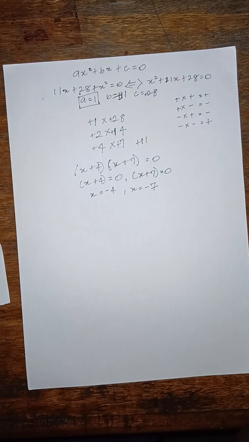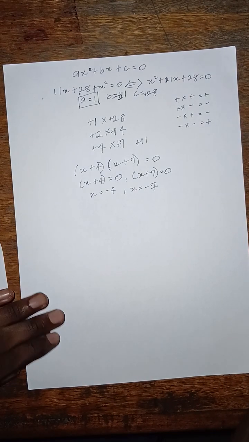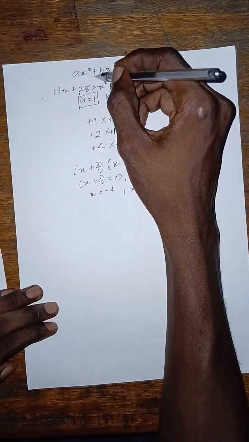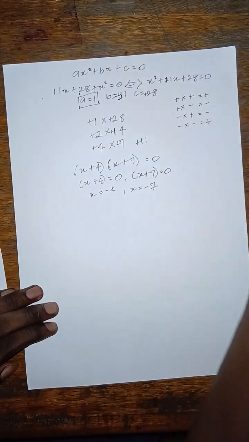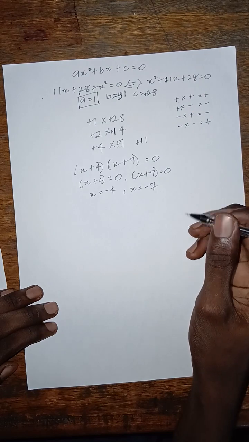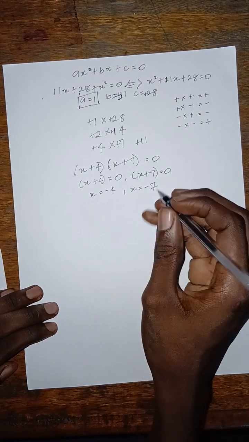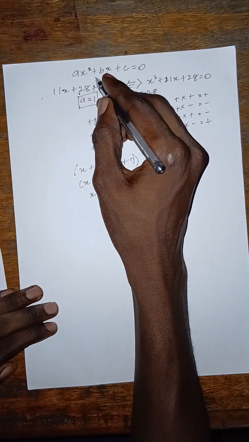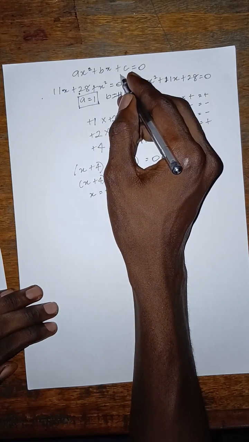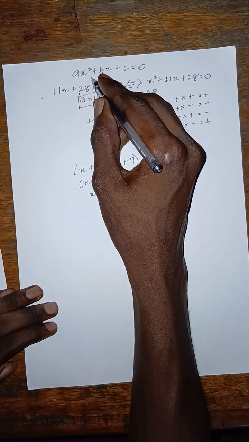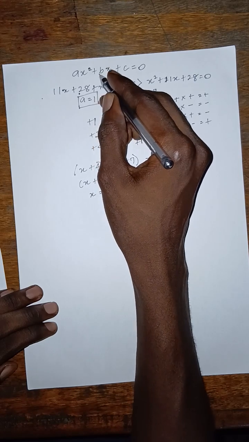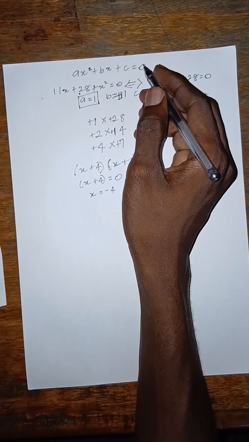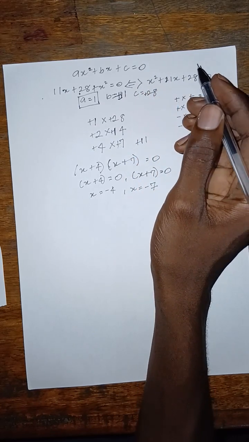So moving forward, we have shown you a situation whereby b is positive and c is positive. I'll also be showing you the scenarios whereby b is positive while c is negative, when b is negative and c is positive, and where b and c are both negative.